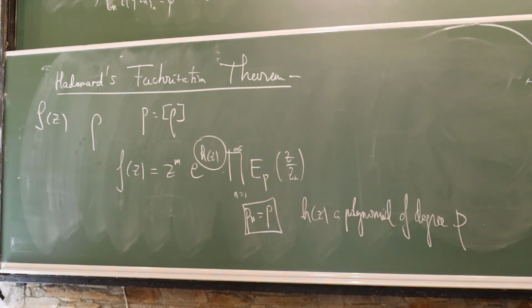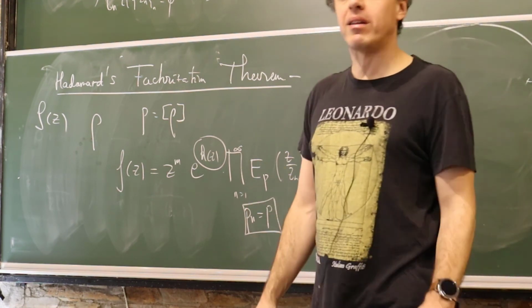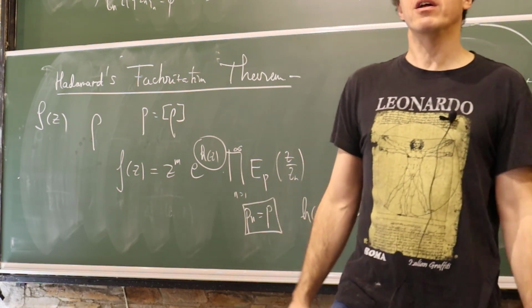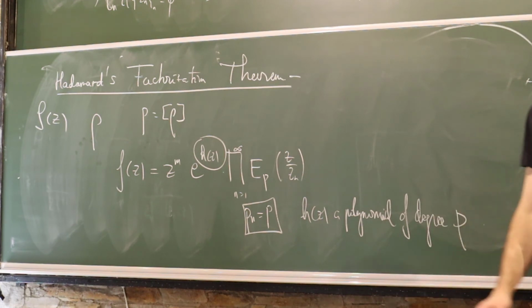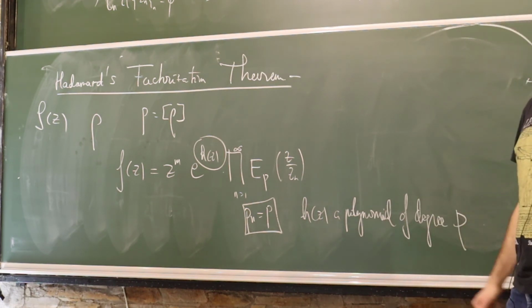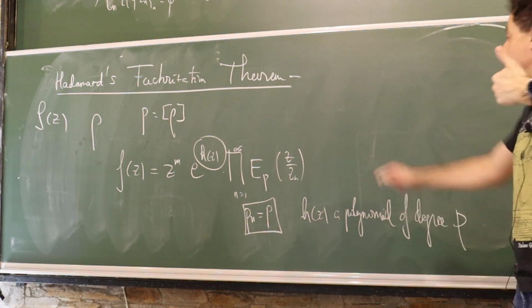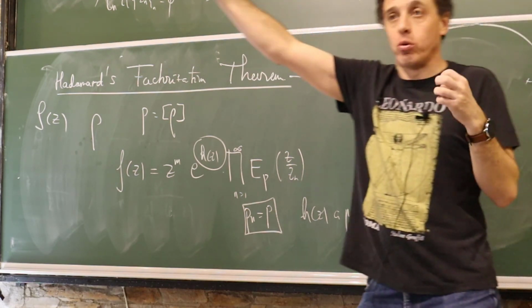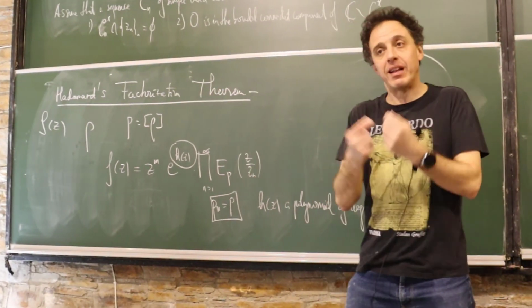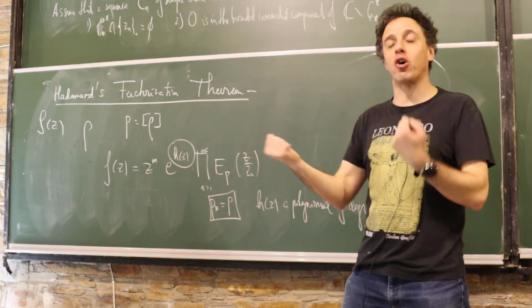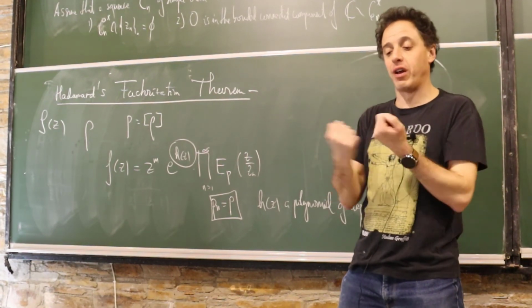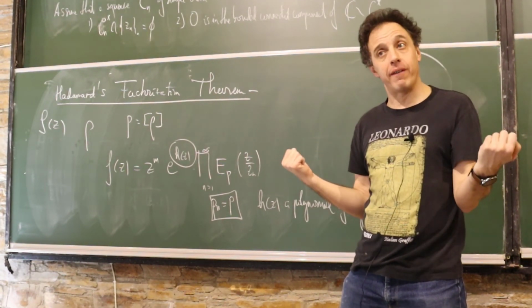Normally this is the most difficult part of the result, to show that H can be taken as a polynomial of degree P. So in the proof it is needed to relate the growth order of a function with the distribution of its zeros. There is a result that relates both concepts, the distribution of the zeros of an entire function and the growth order of the function.